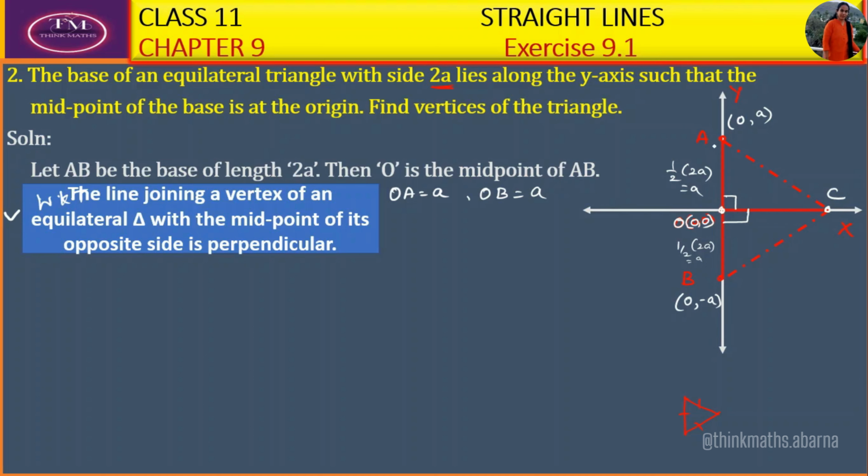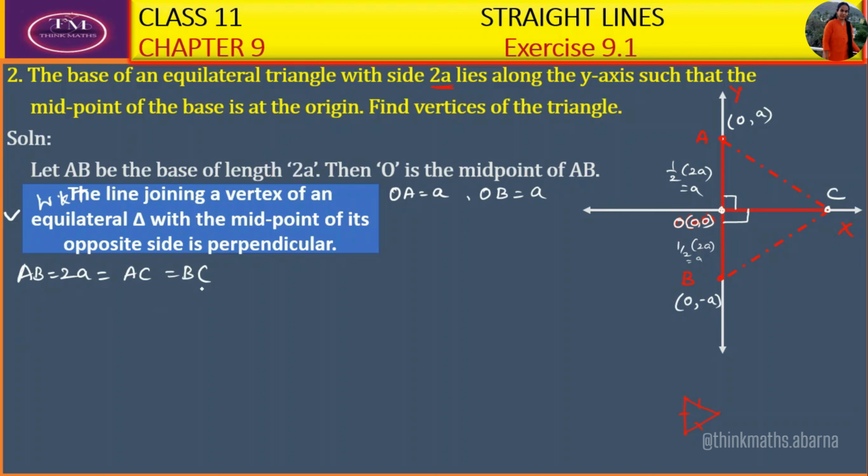So as we have this, the triangles OAC and OBC are right angle triangles. So we can use PGT to find out easily. AB is equal to 2A, which is equal to AC, which is equal to BC.